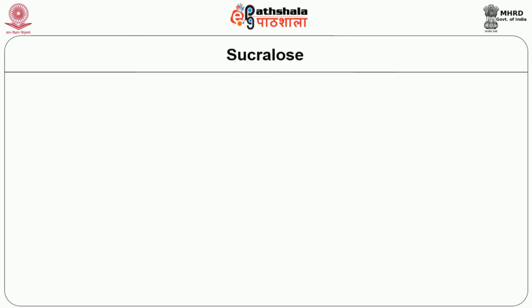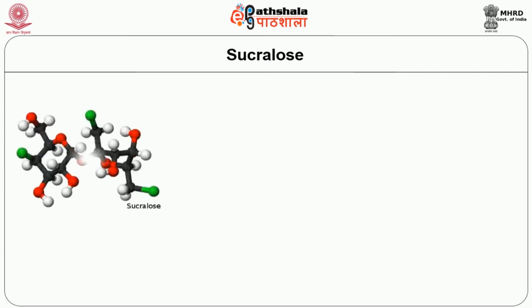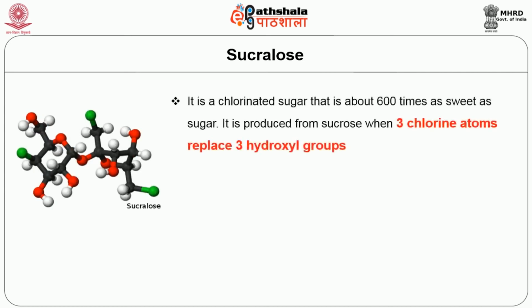Now, when we look into the next non-nutritive sweetener, which is sucralose, it is a chlorinated sugar that is about 600 times as sweet as the table sugar, and it is produced from sucrose when 3 chlorine atoms replace 3 hydroxyl groups.